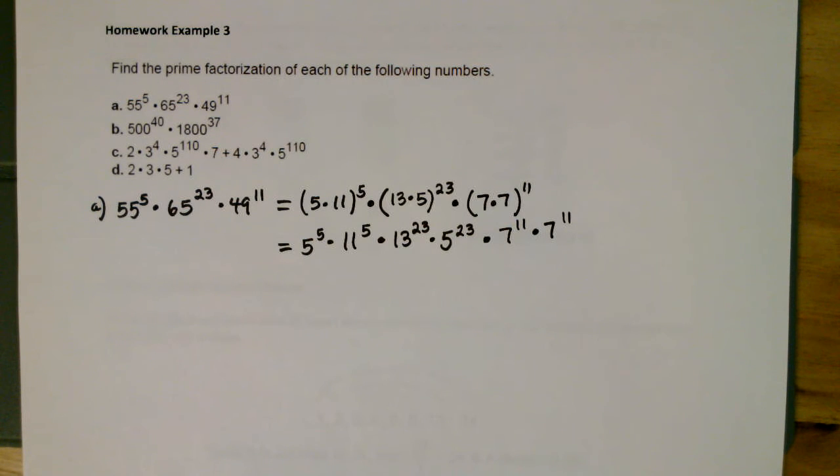All right, now let's think about this. We're going to use the product rule for exponents. Anytime you multiply powers of the same base, you bring over your base and add your exponents.